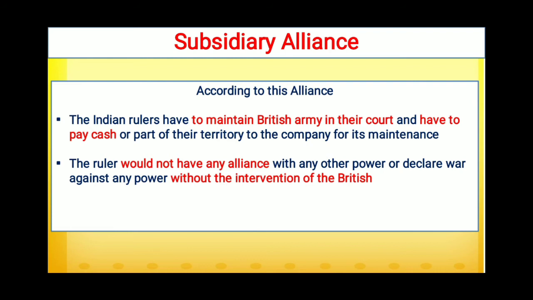According to this subsidiary alliance, Indian rulers were assured of British military help, and the terms or conditions were for the betterment of the company.